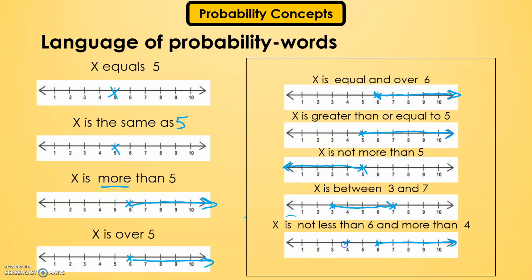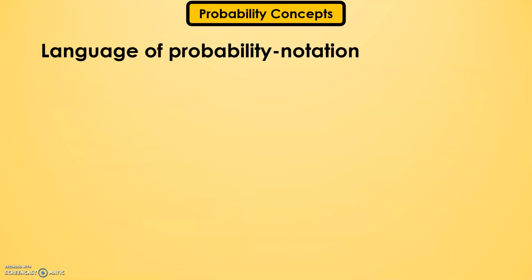Not more than 4 would be that. So these are the values that are less than 6. So between 4 and 6 is less than 6 but more than 4. So we have to be a little bit careful with the language we have.